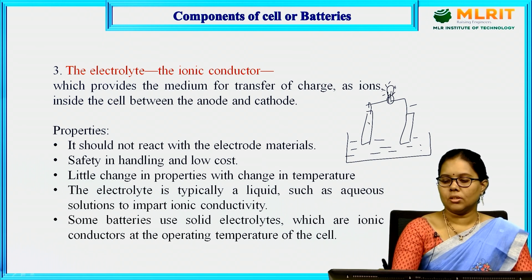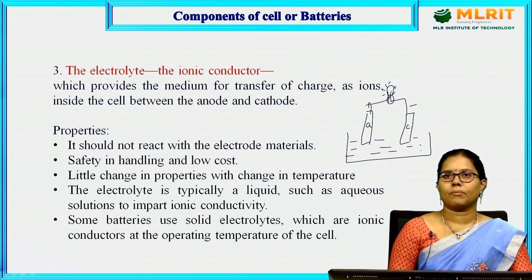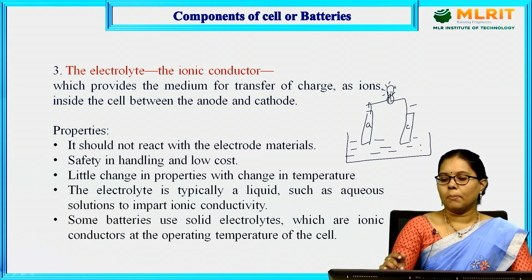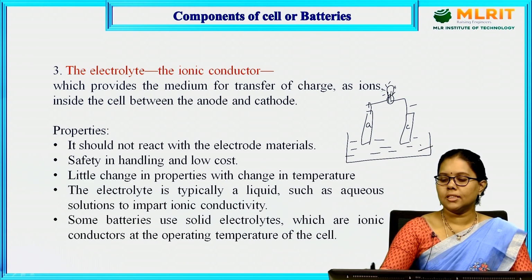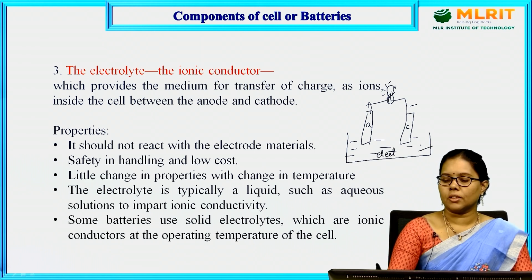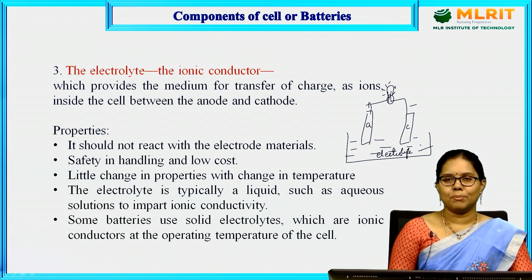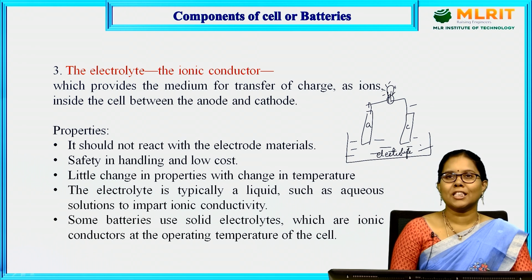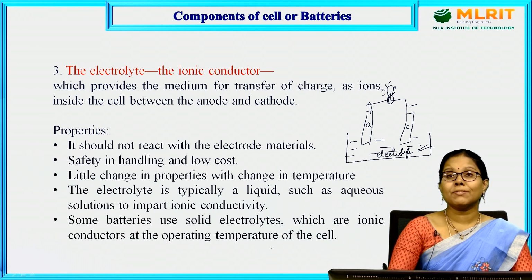Electrolyte is the medium through which the transfer of charge or ions takes place within the cell, from anode to the cathode. It transfers the charges or ions from one electrode to the other.